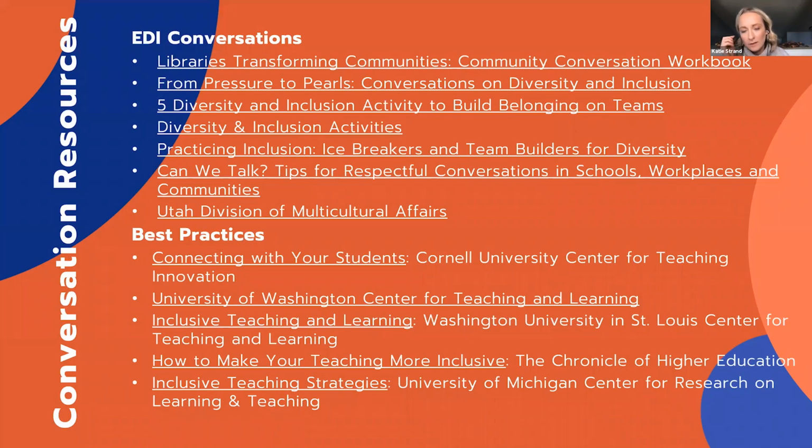I would just say one thing that helps with getting people to be more vulnerable is thinking about how you're asking them to share. So we used Mentimeter in our workshop with our colleagues, giving them a chance to share anonymously when we thought that would make them more comfortable.